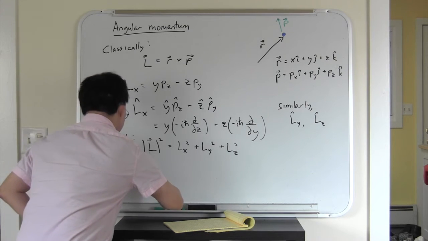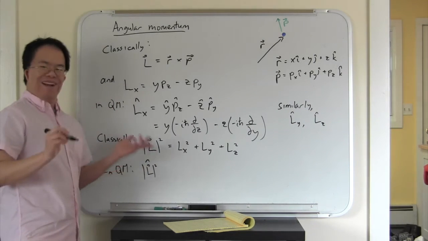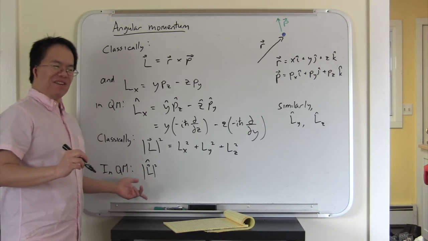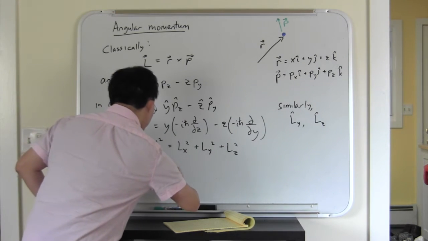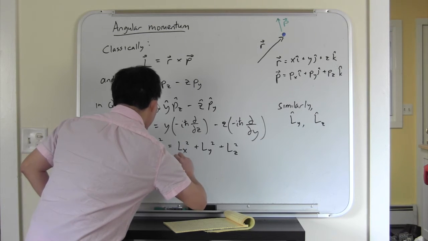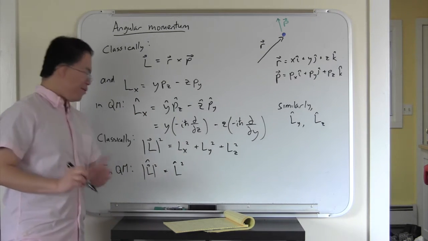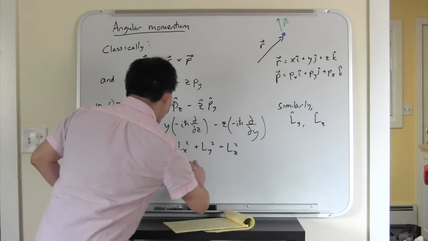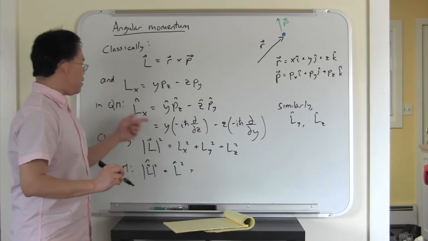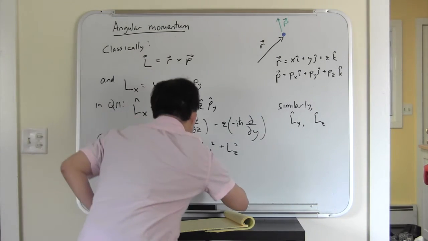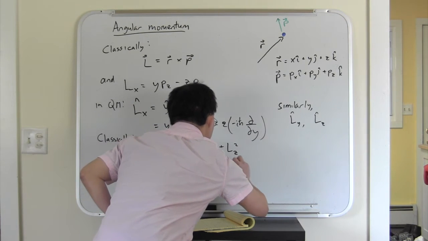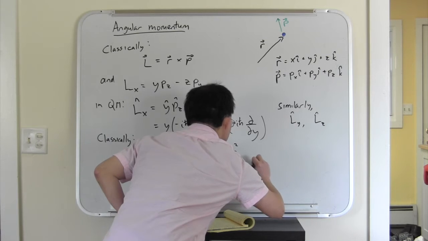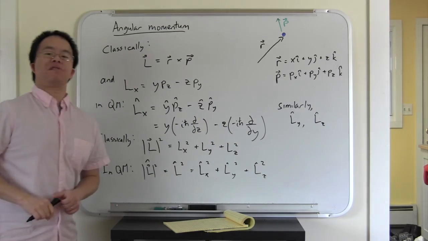So we can have an operator L squared hat. This is getting a little clunky notation-wise, so I'm going to follow what most people do at this point, and just write this as the L squared operator. And that we get by combining the appropriate quantum operators, L_x squared plus L_y squared plus L_z squared.